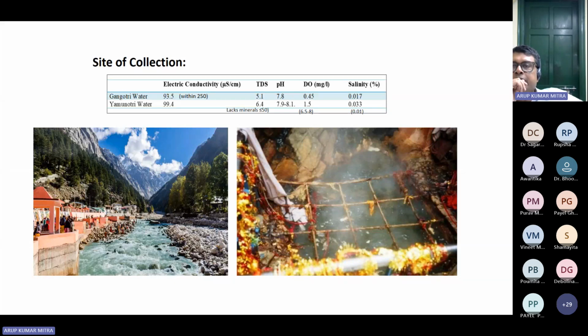But very strangely, the pH is slightly alkaline. The dissolved oxygen is on the lower side, which makes it suitable for microaerophilic organisms. And the salinity was also on the lower side.